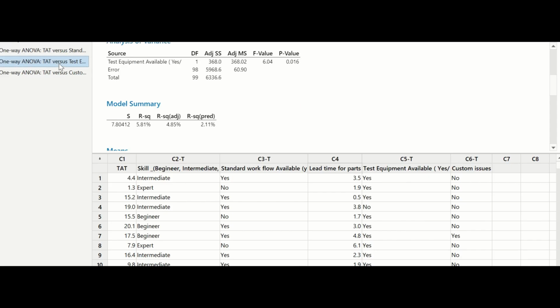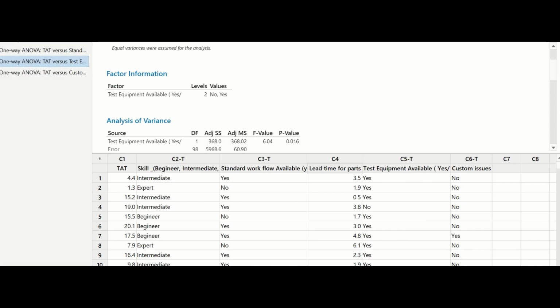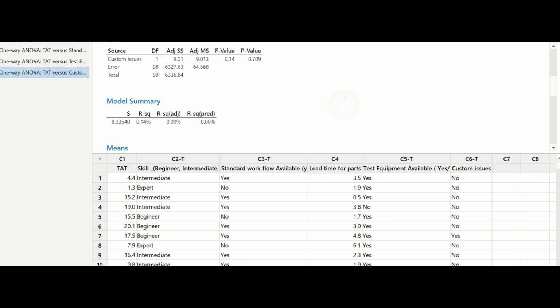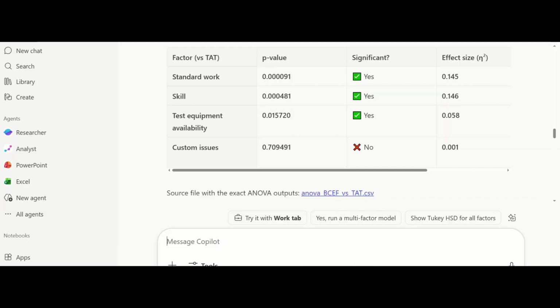For the equipment, the p-value is 0.016, which is again significant. And for the custom issues, the p-value is 0.709, which is not a significant factor in Minitab. This is the same result given by Copilot.